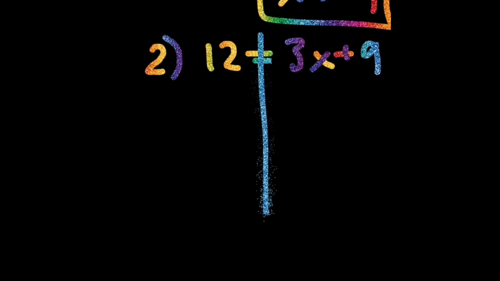Now let's move down and do another example. Number 2. This time, 12 equals 3x plus 9. We would do the exact same thing we've done. Here we have a multiplication and addition, same thing as before. So we would start by minusing 9.